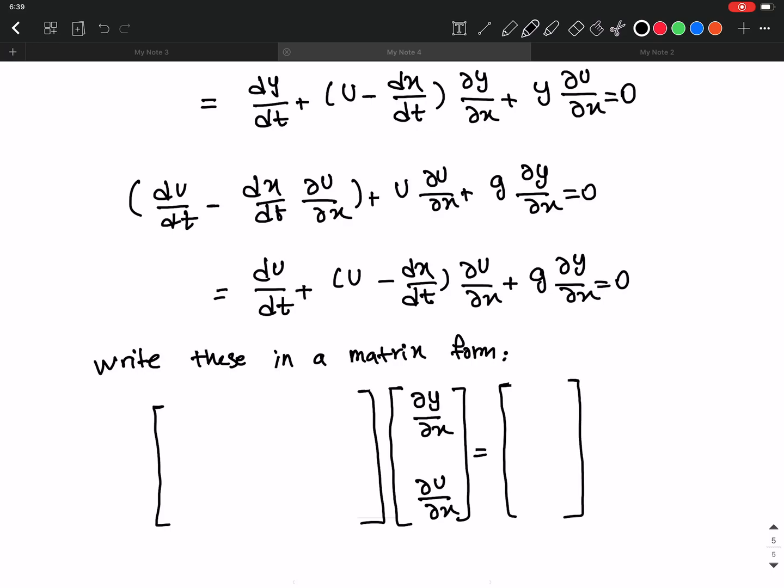okay, so let's first see, in the first equation, the term for partial y partial x, and this is the term for partial y partial x in the second equation.